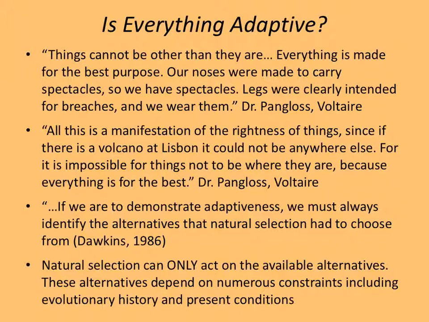So, if you say, okay, well, how does this relate to natural selection? Well, evolution by natural selection, some people think it is the ultimate optimality machine. So anything can be adapted eventually.